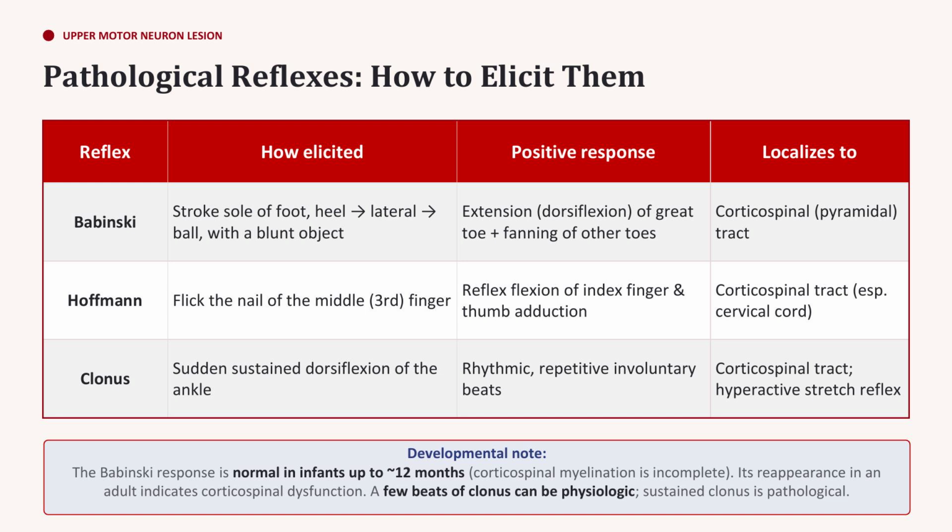Two developmental caveats worth points. The Babinski response is normal in infants until about a year of age, before corticospinal myelination completes, so an upgoing toe in a neonate is expected, not alarming, and a couple of beats of clonus can be physiologic in an anxious patient. It is sustained, non-fatiguing clonus that is pathological.